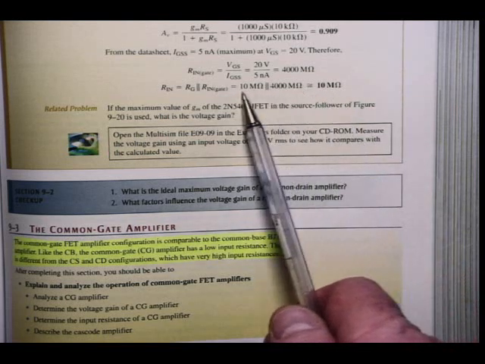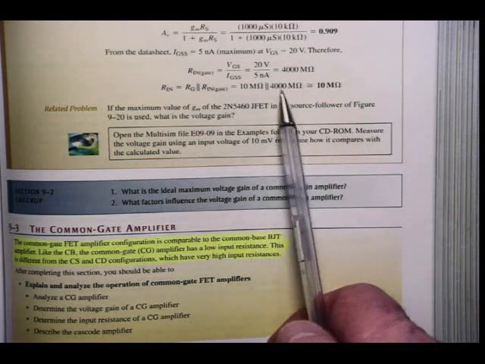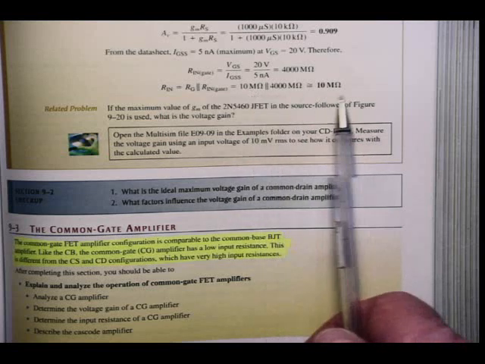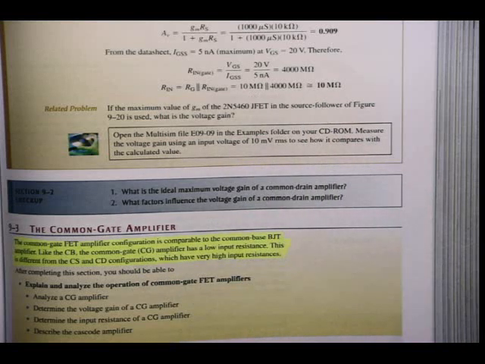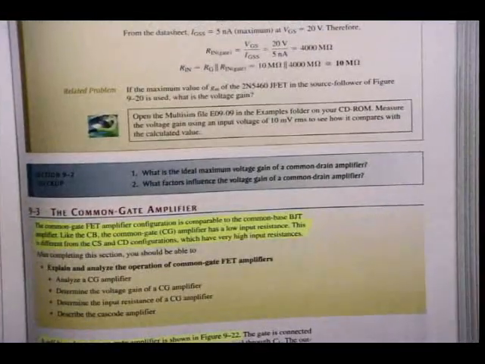Because I know if I have two resistors in parallel, and one is much larger than the other one, the total resistance will always be a bit less of course, but it will be close to the value of the smallest resistor. Alright. Okay, that is then the common drain.